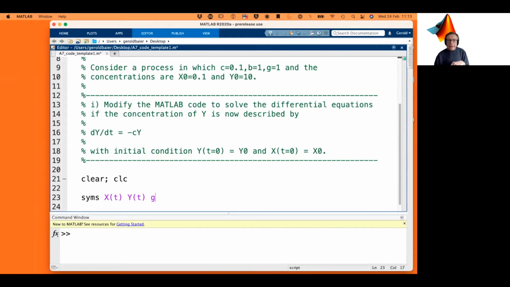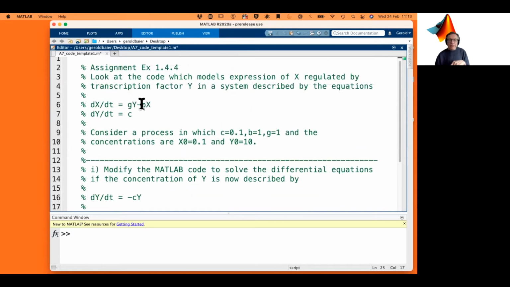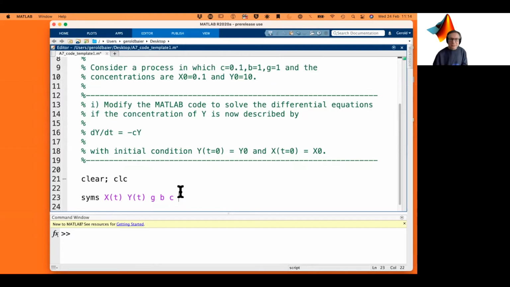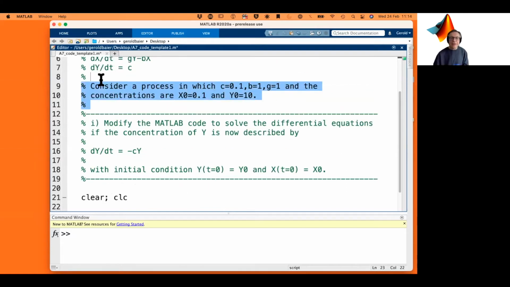And in that model that we have up here, we have parameters g, b, and c, so I allow for symbolic parameters g, b, and c. In addition, there is a specification: consider a process with certain values for those parameters c, g, and b. They have certain values specified here, but also initial concentrations.